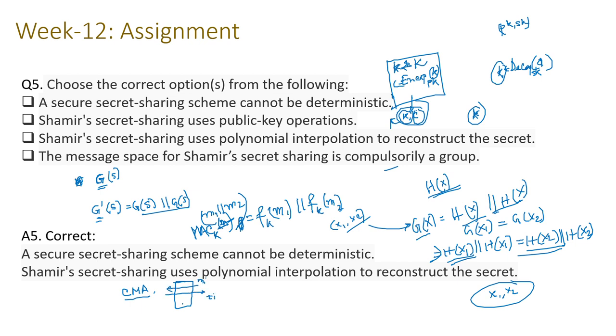So there is a query phase, where the adversary queries with some message mi and gets to see the corresponding tag ti. Now if the adversary is able to come up with a new message tag pair such that M star has not been seen before in the query phase, then we say that the MAC is not secure because chosen message attack is possible. Given a MAC construction, you have to determine whether chosen message attack is possible or not.